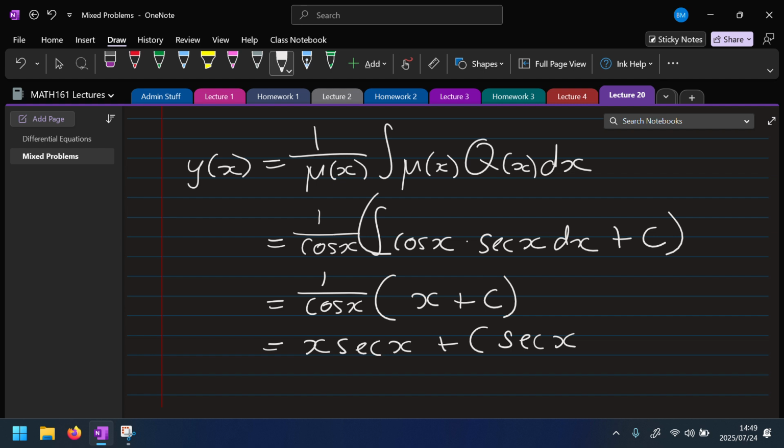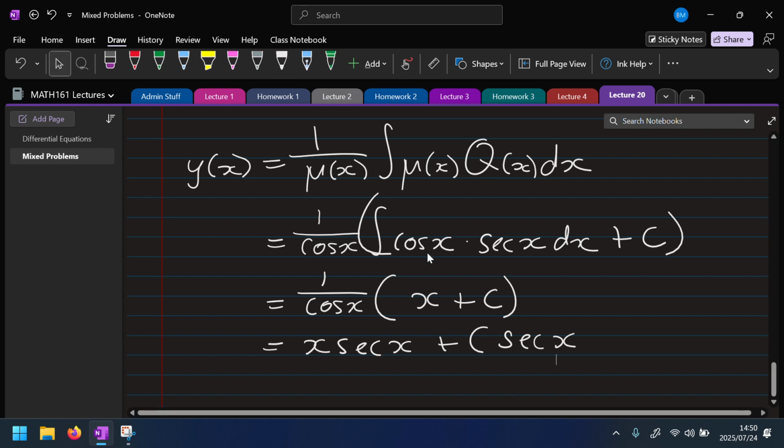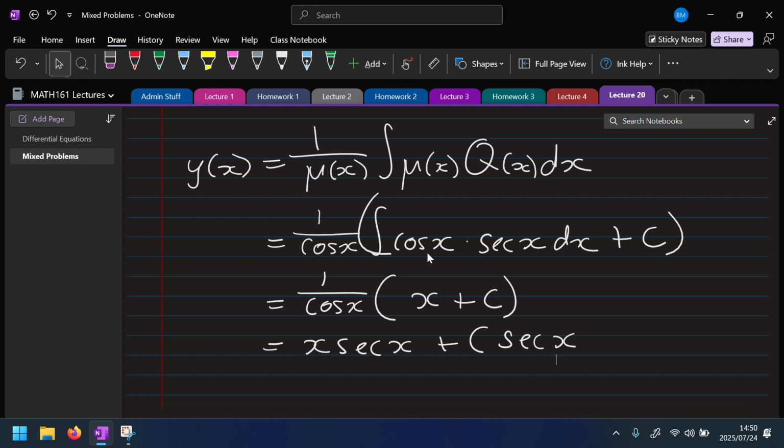Any questions for this last one? All good. Okay. So for the quiz next week, the MCQ part will be more theory based. So all of the terminology we went through. What does first order mean? What does separable mean? What's an integrating factor? Linearly independent, all those words we went through.